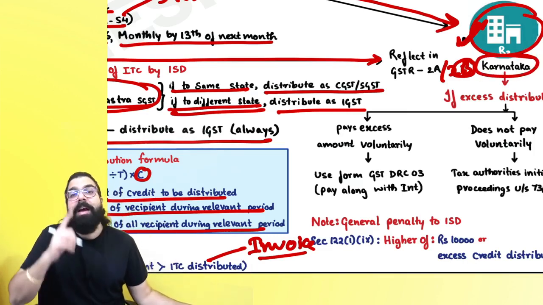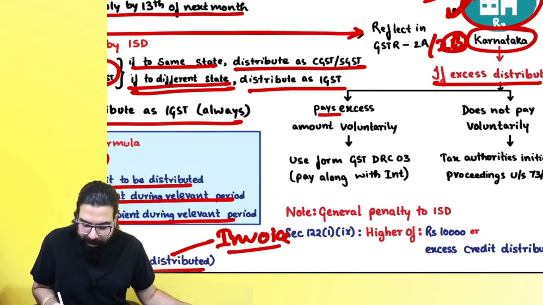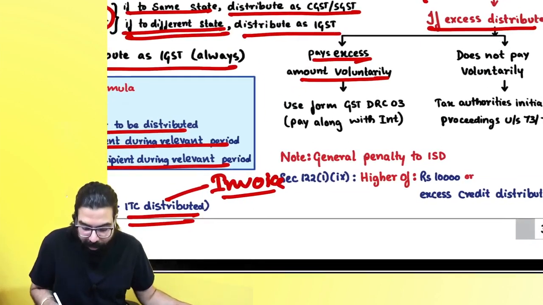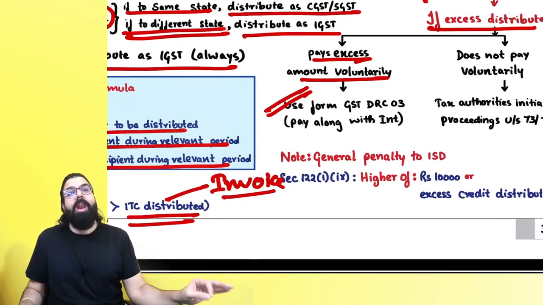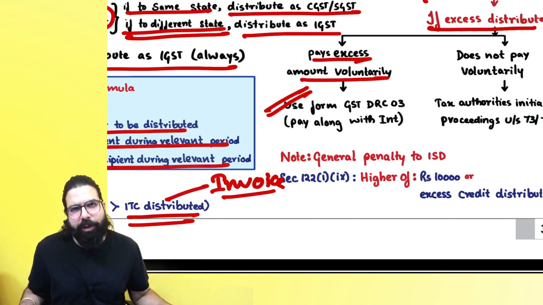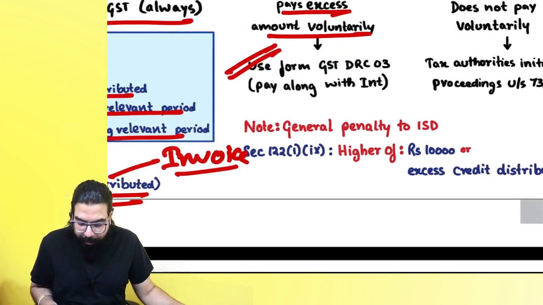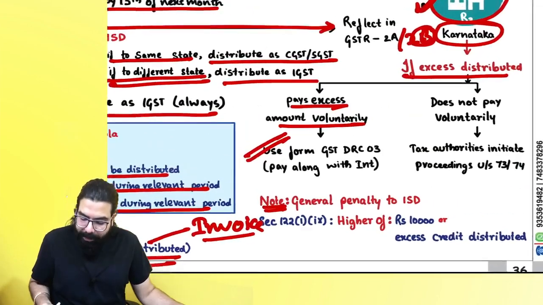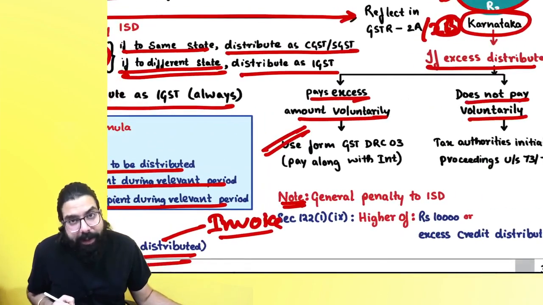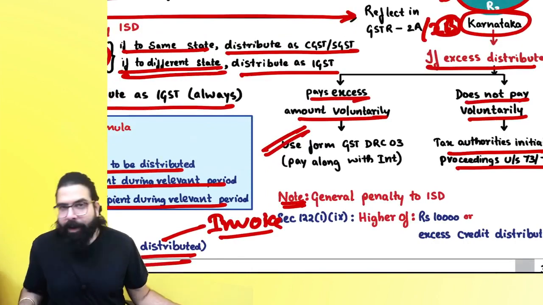Then it is the responsibility of the branch: if excess distribution has been done, they should pay the amount voluntarily using GST DRC 03 along with interest. They should pay the wrong credit which was given to them along with interest. Okay sir, and always remember, if I don't pay voluntarily, then under Sections 73 and 74 a demand order can be issued.